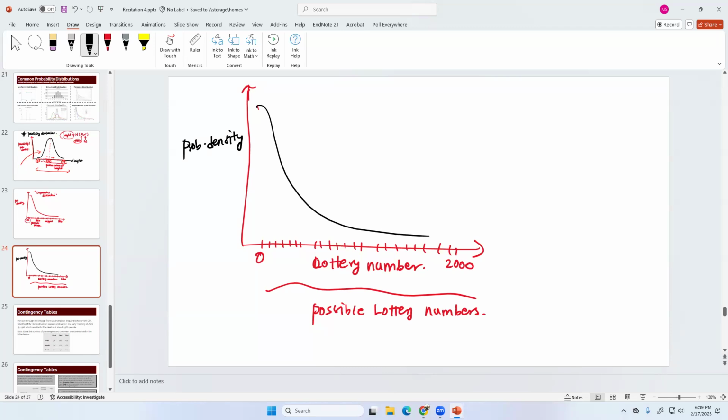So based on that, what does it mean? True, true. If randomly by chance I have 0 as my lottery number, then my chance of winning is very high, right? And the people who have 2000 on their ticket, their chance of winning is very low. So this is not a good fit for this kind of thing, right?